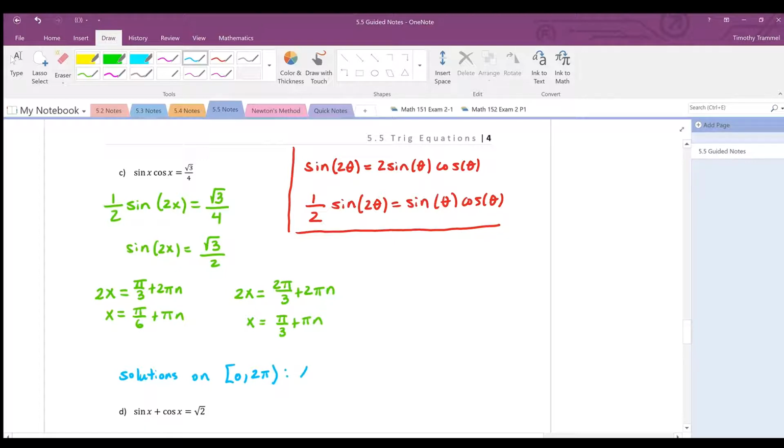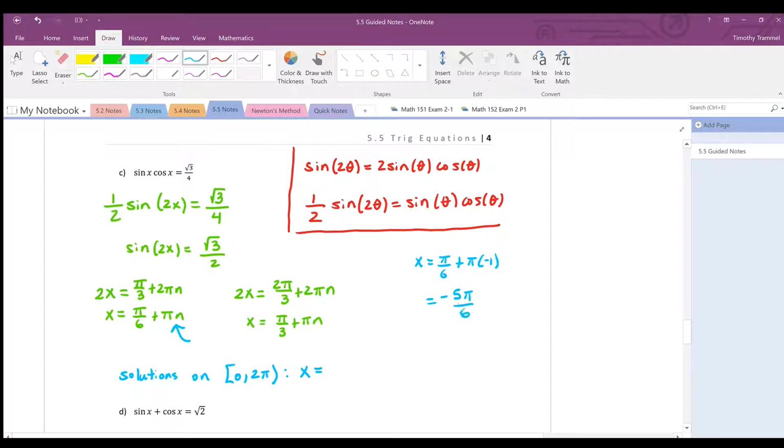What do these look like? So if we were to say try and plug in n equals -1, I just want to point out that it's going to be smaller than 0, right? X equals pi over 6 plus pi times -1 is equal to pi over 6 minus pi, which is minus 5 pi over 6.